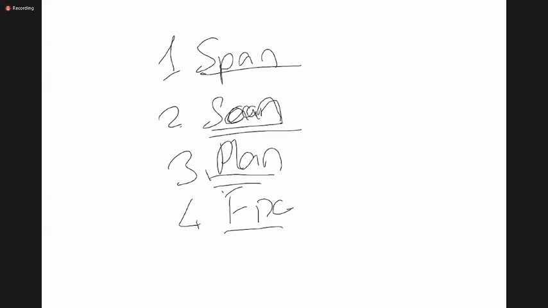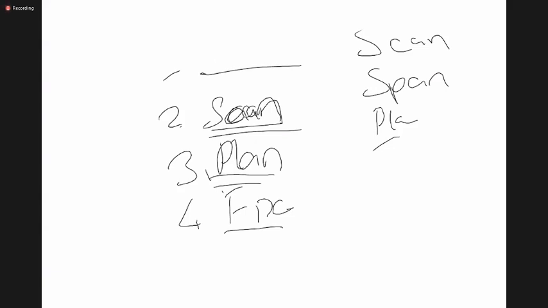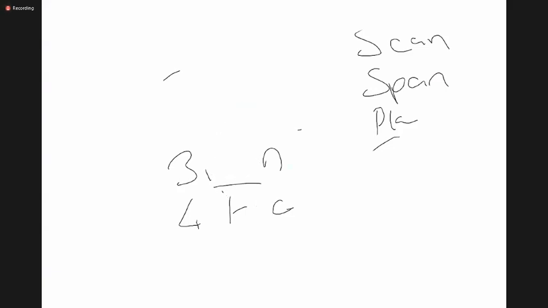In fact, it used to be scan, span, plan, and fix. But I think that now people sometimes span before they even scan, because if it's all over the place, you need to at least stabilize. So that is the principle of managing pylon fractures. You aim to fix it in about 2 weeks. Any questions about pylon fractures?